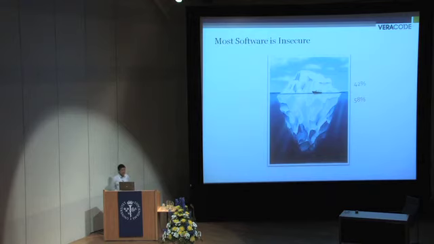The first finding, and some of these you probably look at and say, well, that's pretty obvious. There is a lot of conventional knowledge that we are trying to verify, I guess. So most of us are fairly familiar with the idea that most software actually is very insecure. Most of the time we say that, we're basing it on our own personal experiences rather than hard data that we can back it up with.